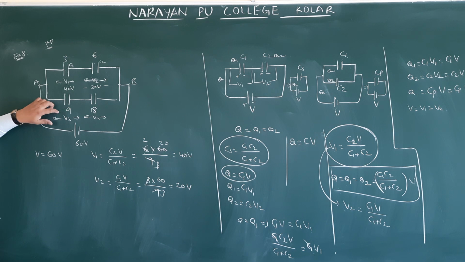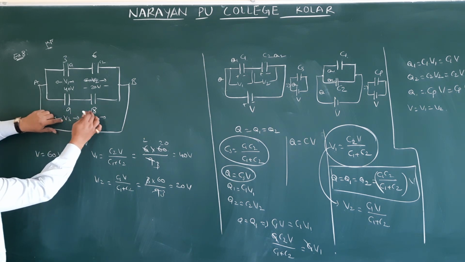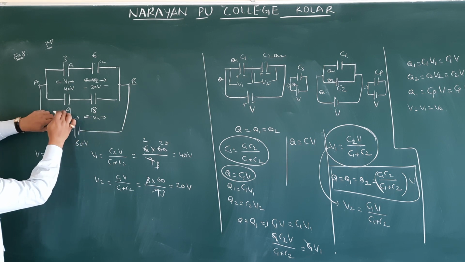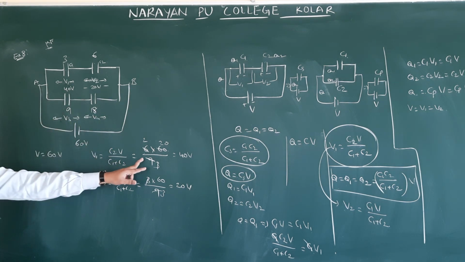Now, like this, can you find V3? V3 is 18 into 60 by 9 plus 18. Same formula you have to apply.